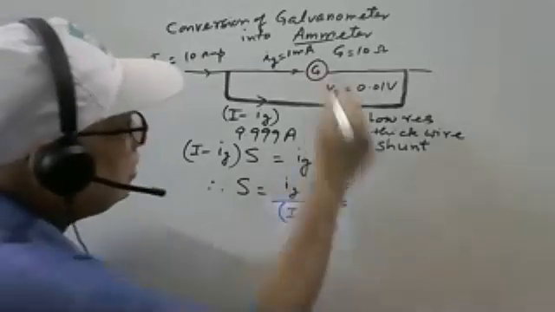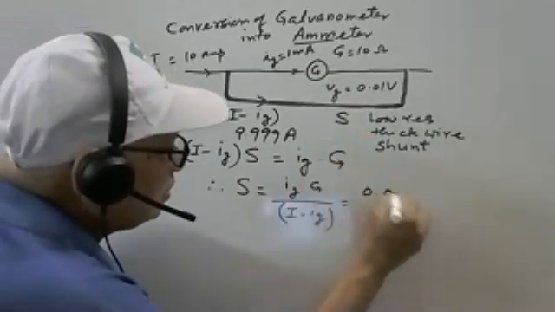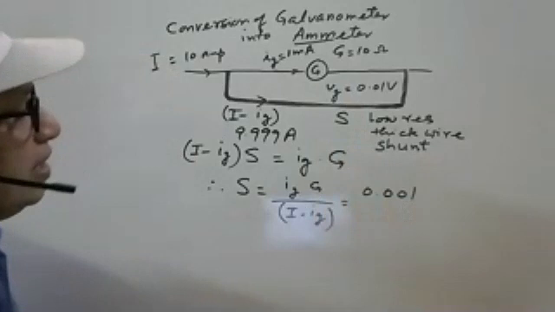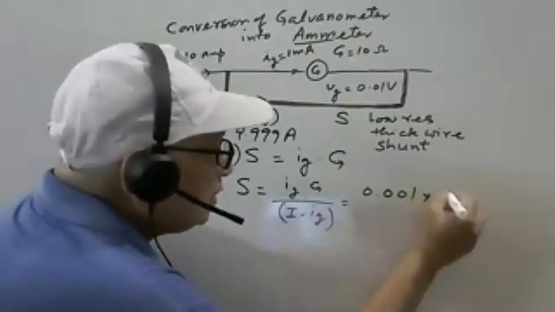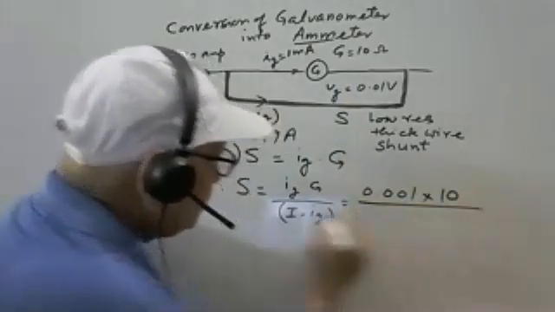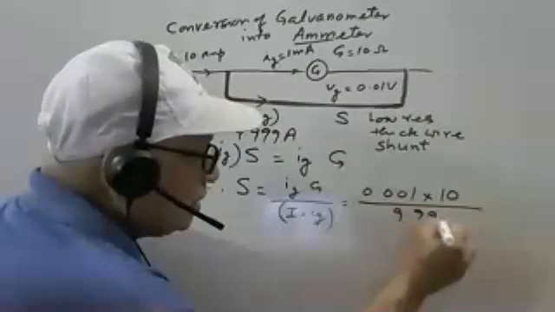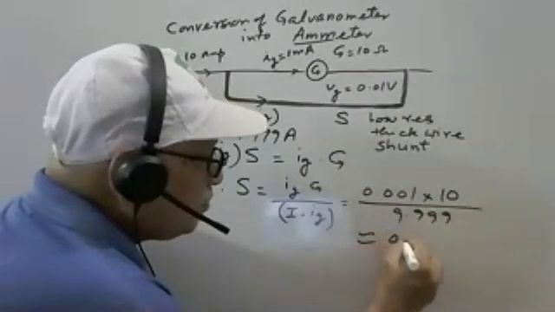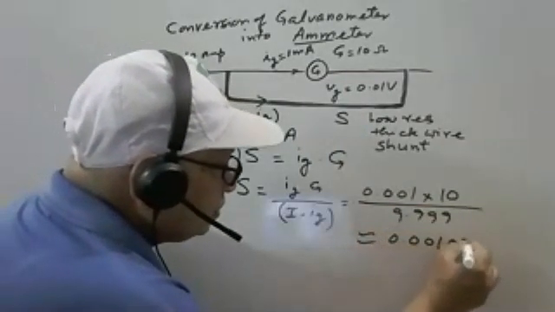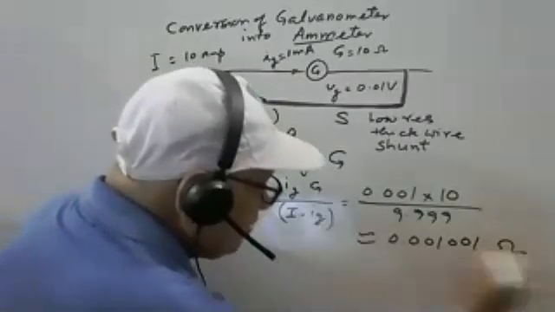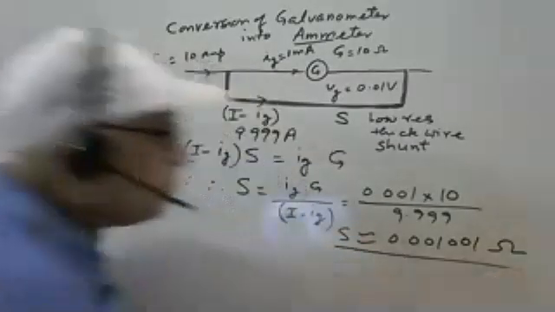You put the value here, typical value, Ig is 1 milliampere, 0.001, and G is 10 ohm. This is 9.999. It is somewhere around 0.001. It means this is a very small resistance.